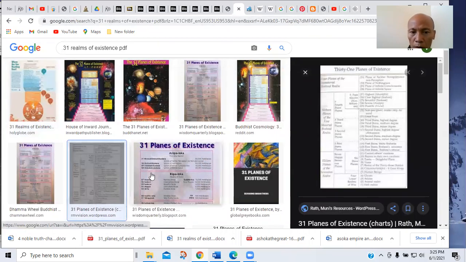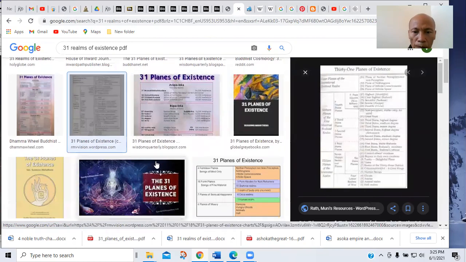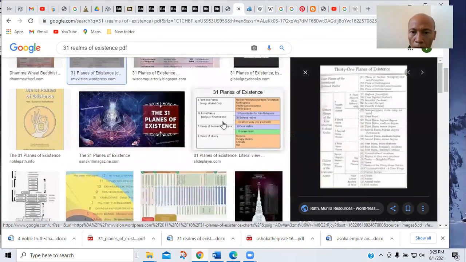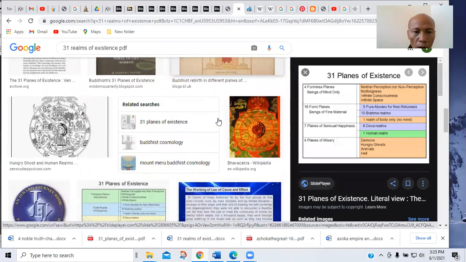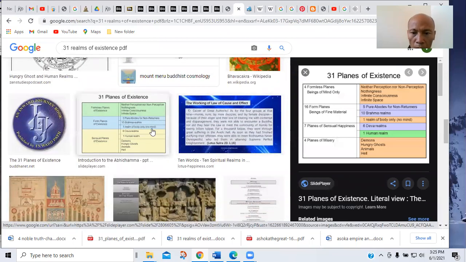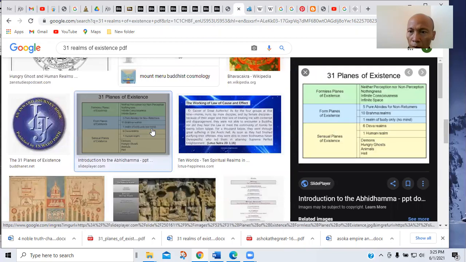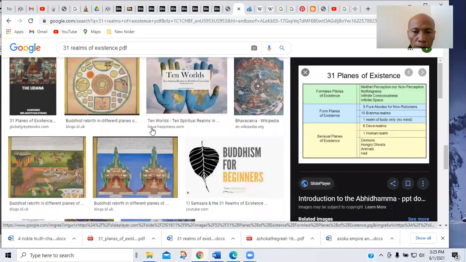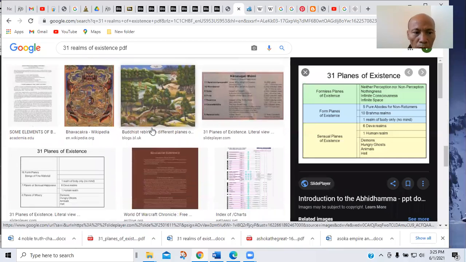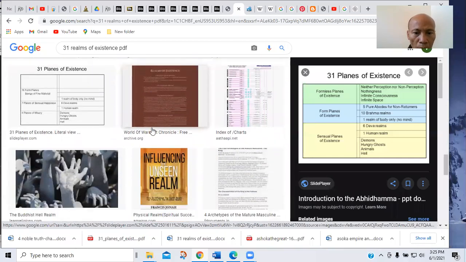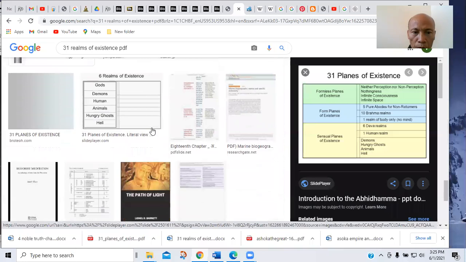Anyway, in order to be reborn in that kind of realm, they need to create a certain type of good karma.